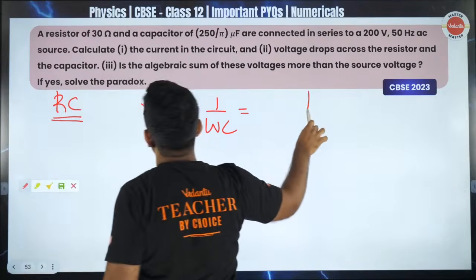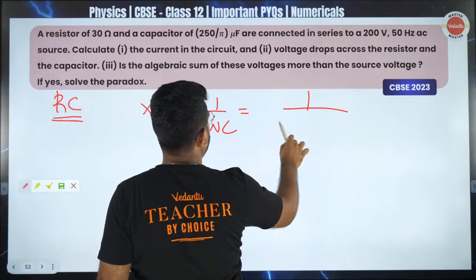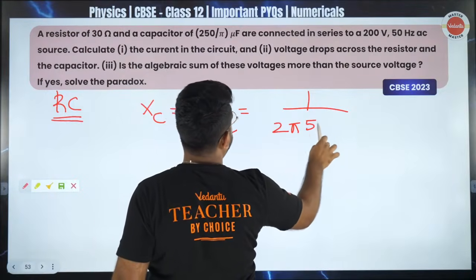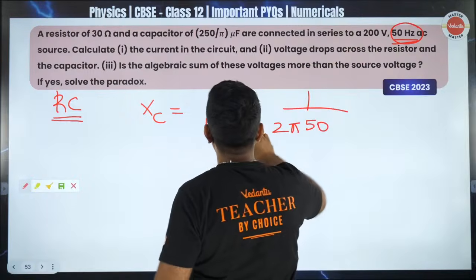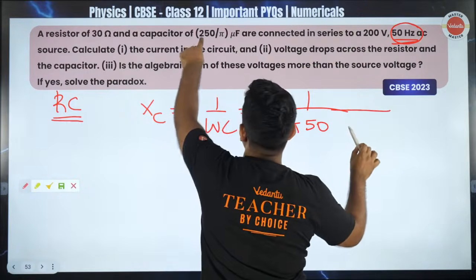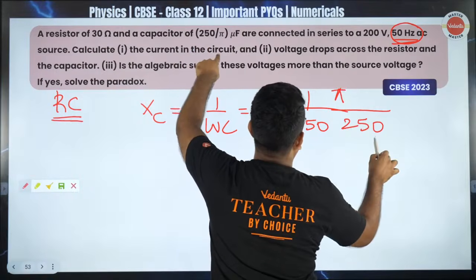It is 1 by omega. What is omega? Omega is 2 pi F. F is 50. So 2 pi F into C. What is C? C is 250 by pi microfarad.